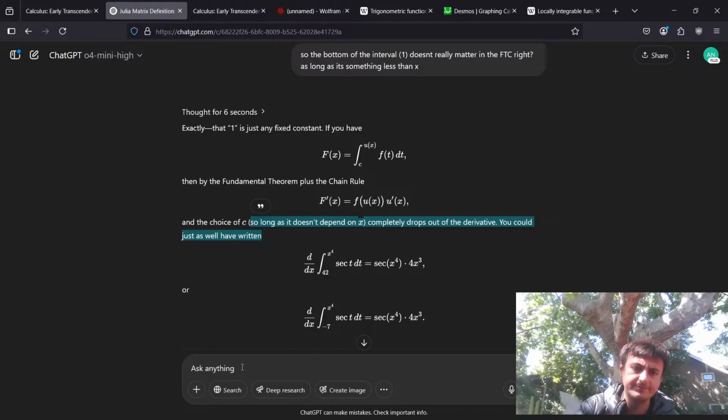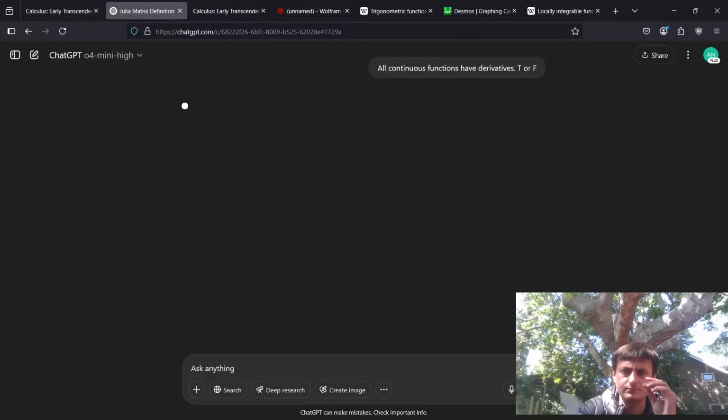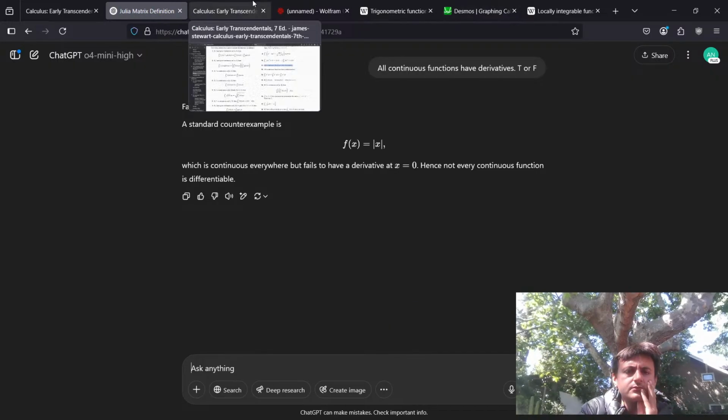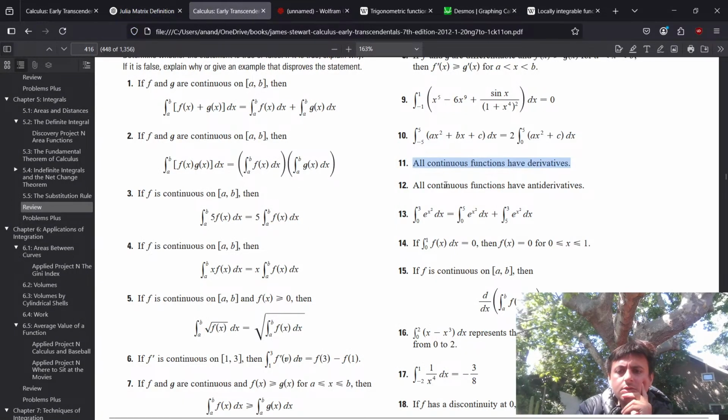I want to know more about that. I'm almost positive the answer is no, but... Okay. All continuous functions have antiderivatives.